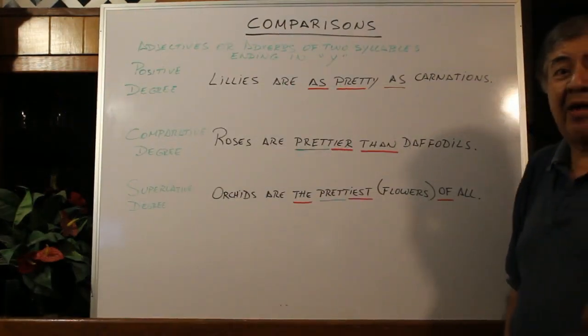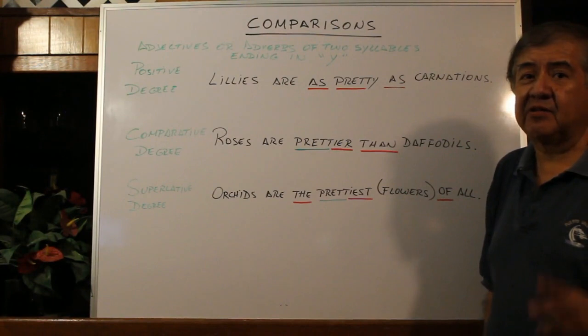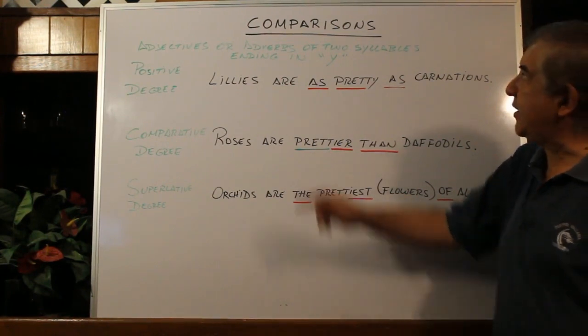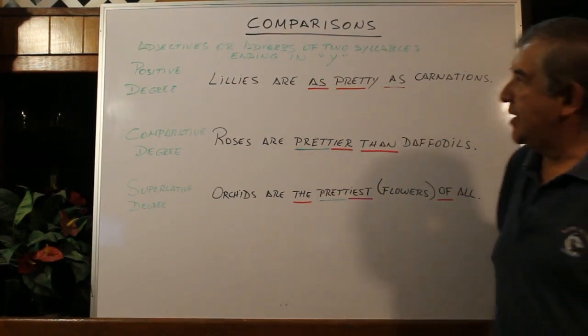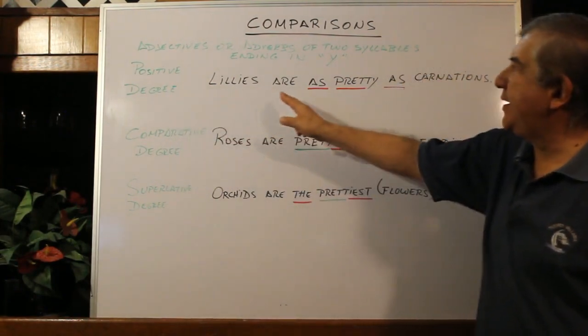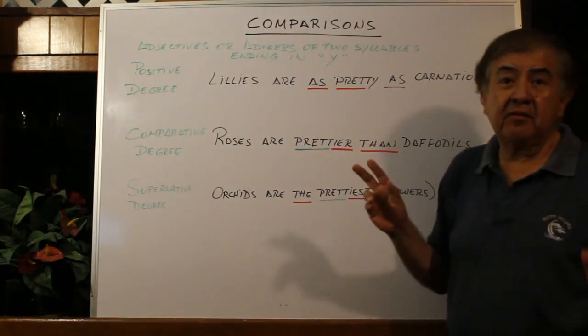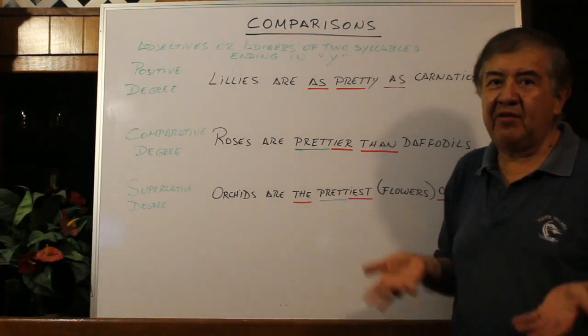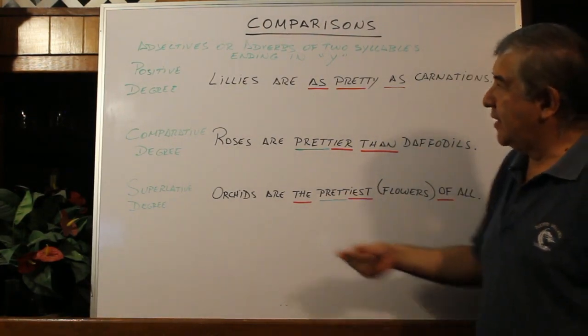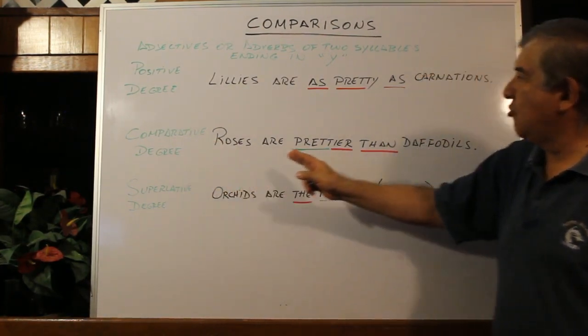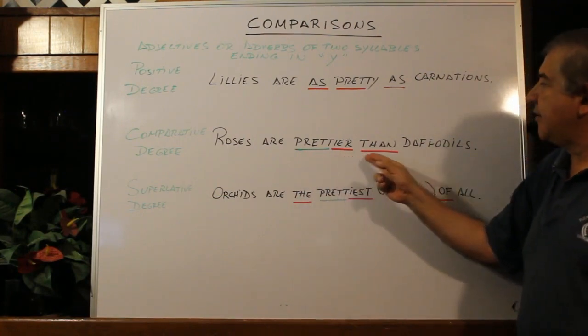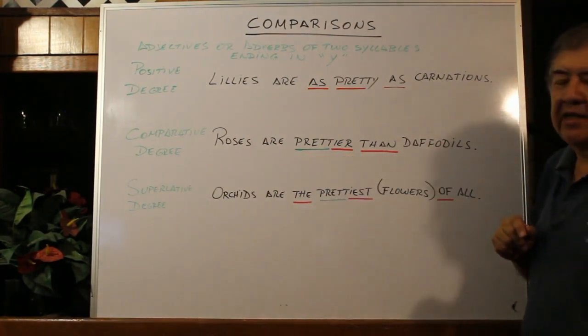Finally, let's see what happens with those adjectives or adverbs of 2 syllables ending in Y. In the positive degree, we have lilies are as pretty as carnations. Here, as always, we don't have any change. But in the comparative degree, roses are prettier than daffodils.